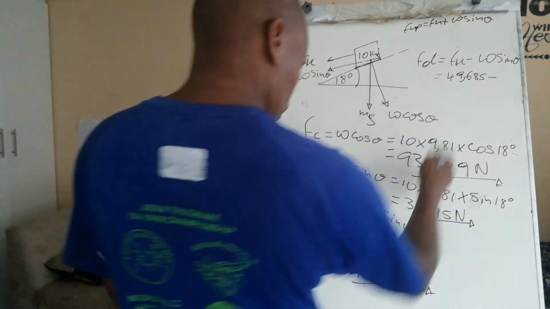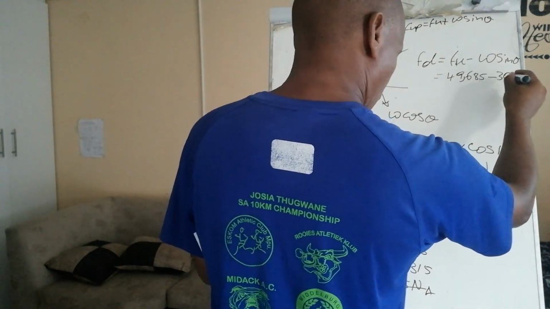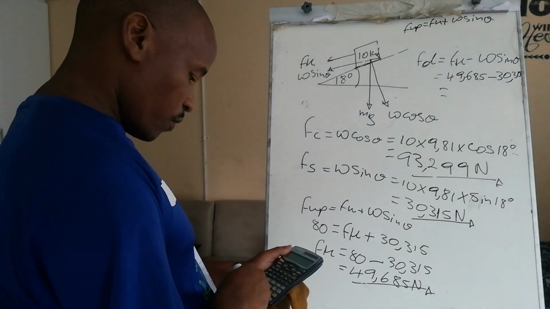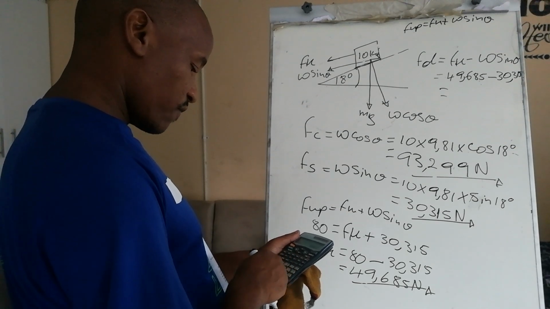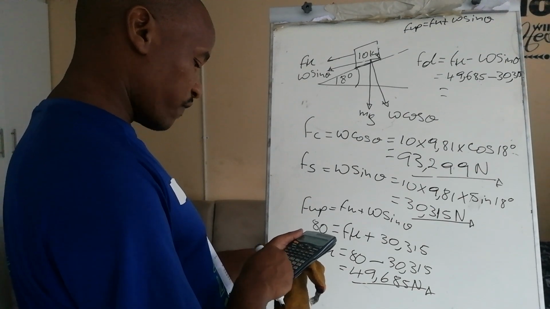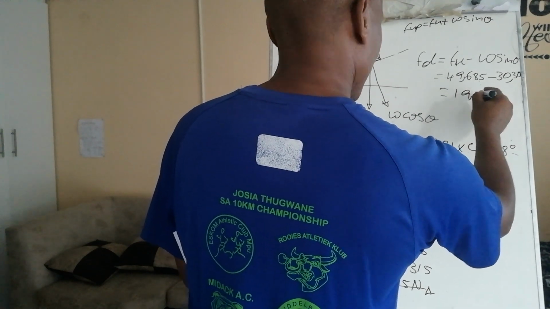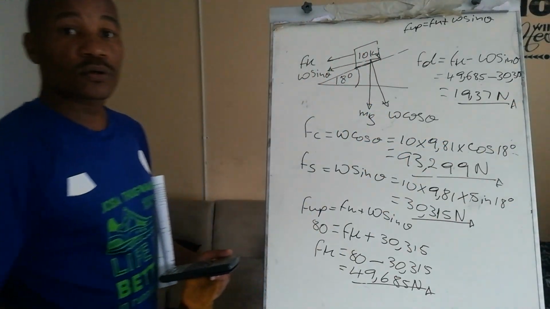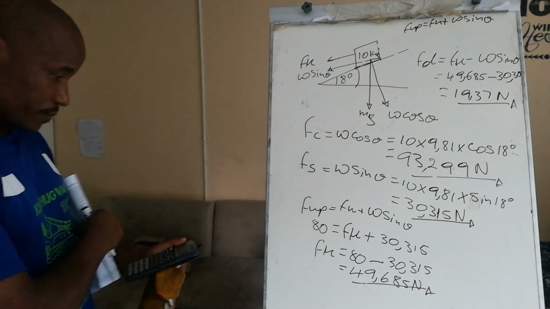The weight component is equal to 30.315, so it is 49.685 minus 30.315, and we've got 19.37 Newton. Of course, Newton is the force in that direction, the downward force.